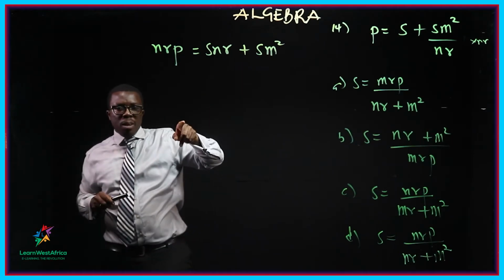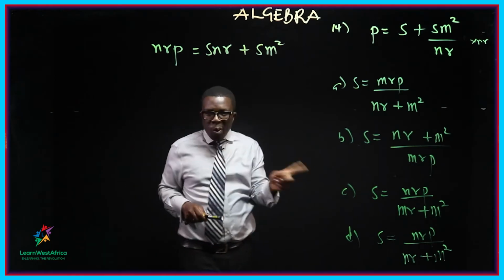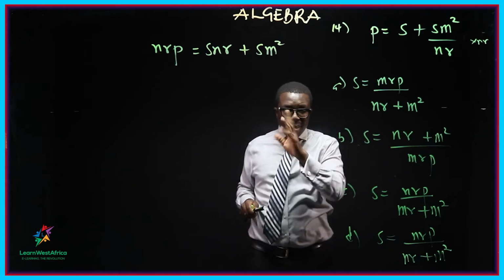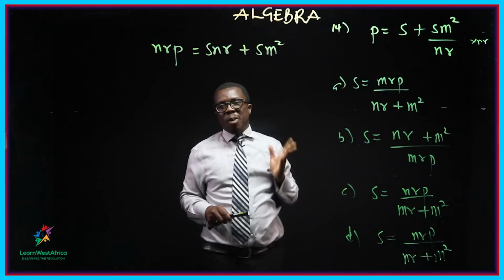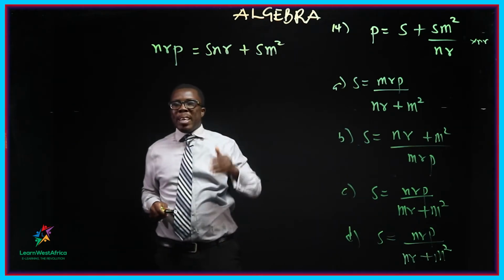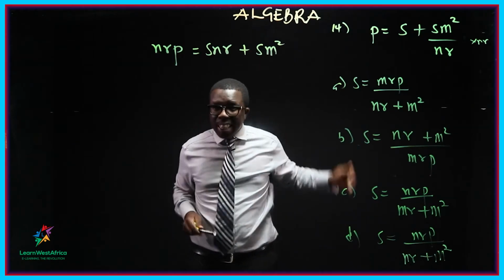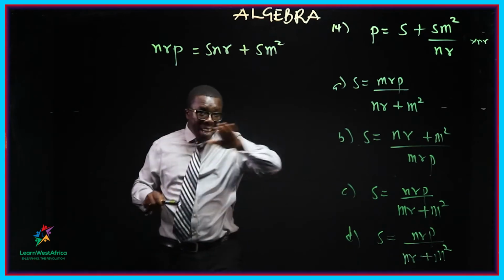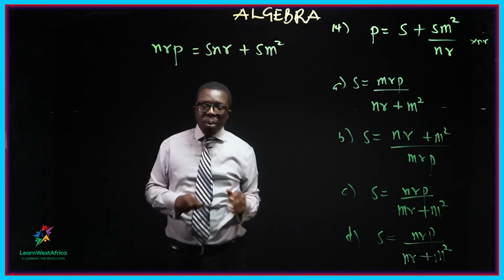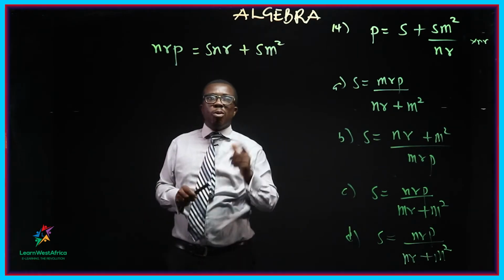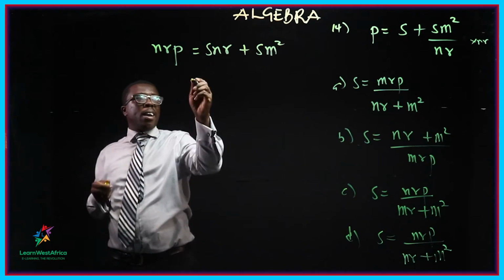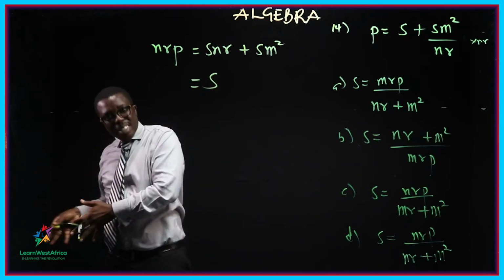The only way to simplify like terms is to factorize. Factorization is the step up. Letters that are almost alike are like terms, so you factorize and factor out S.